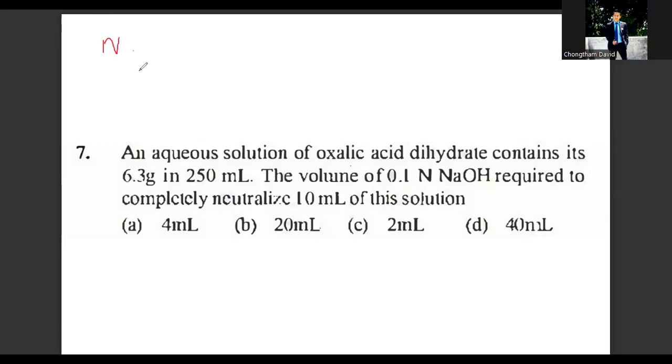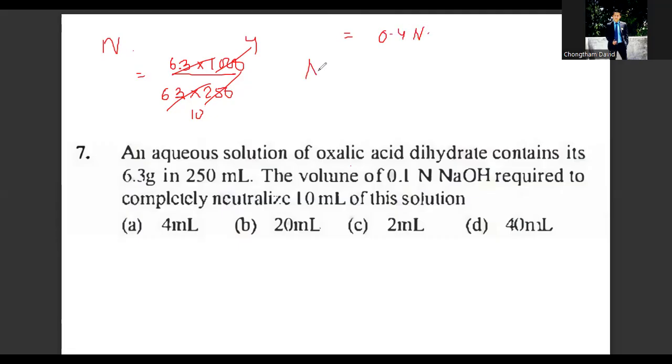Normality of this oxalic acid would be 6.3 into 1000 divided by 63 into 250. So you can easily cancel this. The answer would give rise to 0.4 normality.